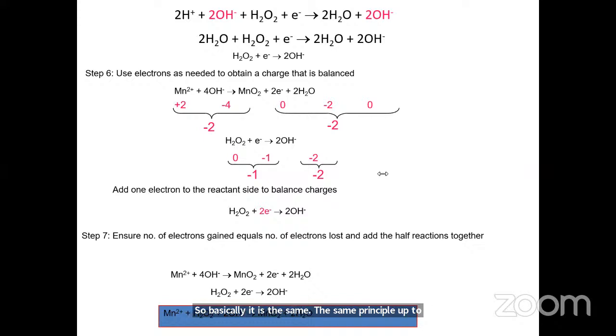It is when you get to that stage where you have the hydrogen ion that you now introduce hydroxide ion on both sides of the equation. And then with the introduction of hydroxide ion, we form water, and then you cancel out the number of water. Make sure charges are balanced, and then you add up. It's as simple as that.